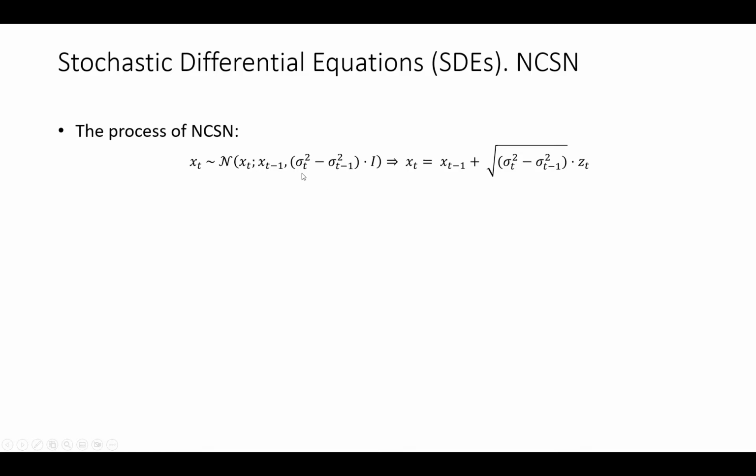This is very similar to what we have been doing. So now, given this distribution, xt will be generated from xt minus 1, with these sigma and zt. Okay, so that's roughly the way we are doing this score matching method.